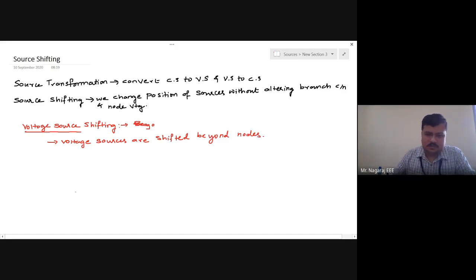Okay, so let us take a general circuit. I have a voltage source connected with some resistance.